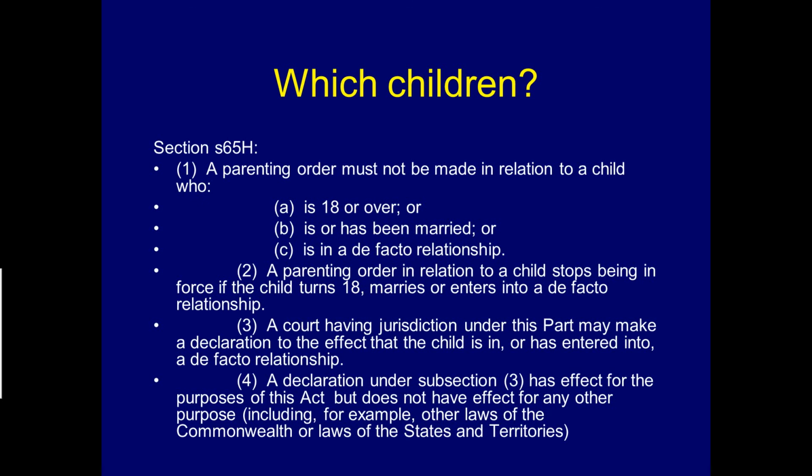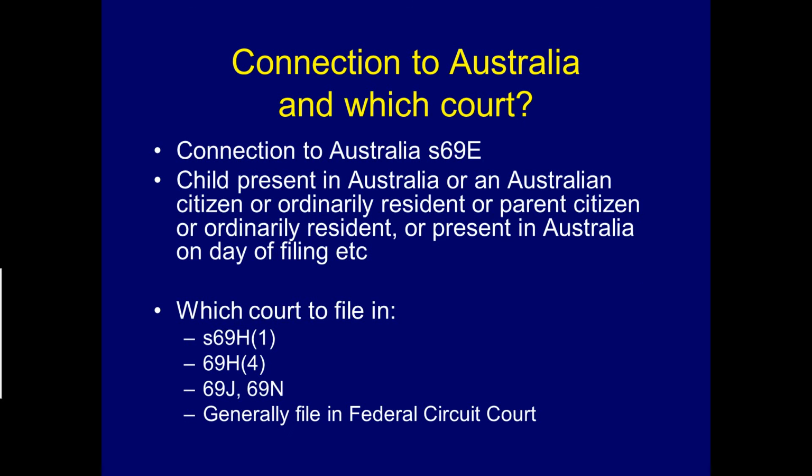Now, in practice, sometimes the court won't make orders for older children, for example, 15, 16, 17, but there's no particular age at which the court's power to make an order cuts out apart from 18. However, it is often acknowledged that older children might have strong views and might not be able to be forced into certain arrangements.